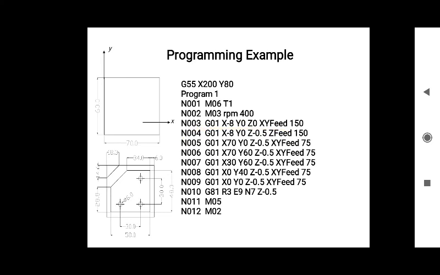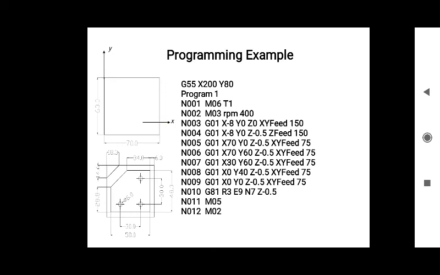Then we move the cutter in the horizontal first cut. You can see over here it should move to x70 y0. That is the cutting from the lower left corner to the lower right corner. And after that, we move the cutter from the lower right corner to the upper right corner.